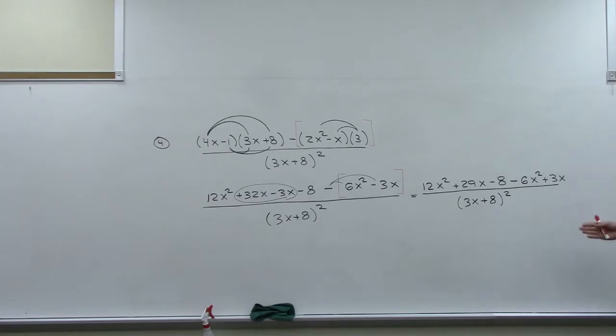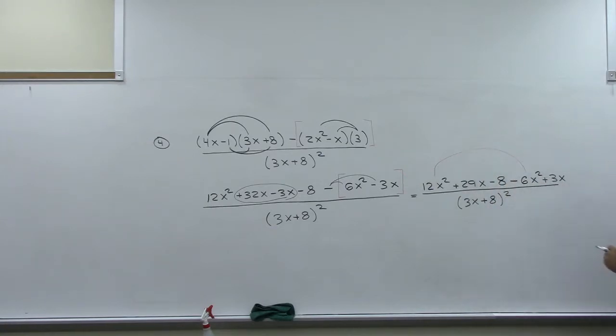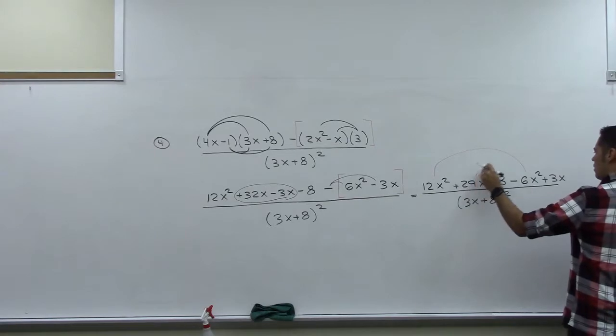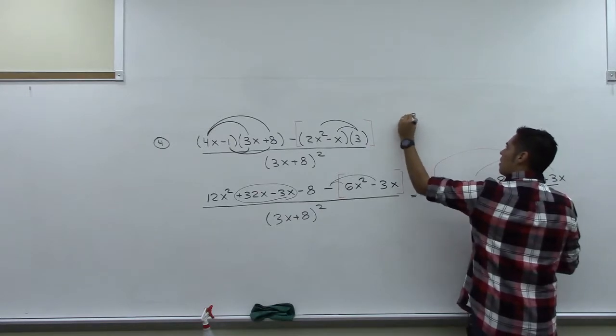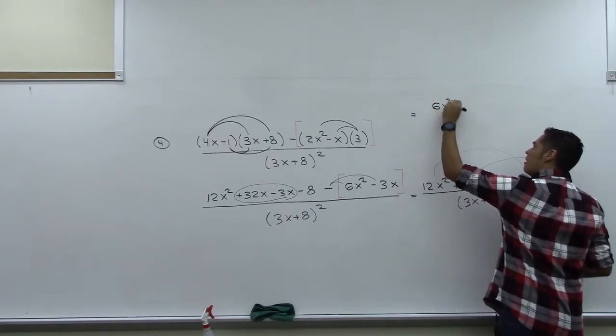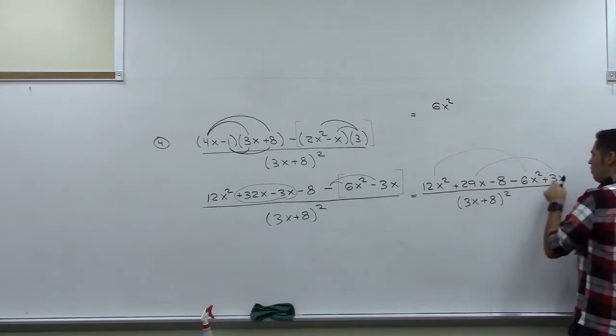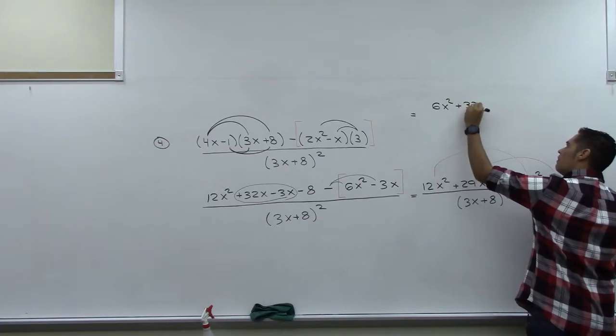And now again, I go through and I see if I can't collect any like terms together. And I notice that I have 12x squared, I can take away 6x squared. And then I have 29 x's, and I can add 3 more x's to that. So I can collect those like terms. Let me just put that result up here. So 12x squared, take away 6x squared is 6x squared. And then 29x plus 3x is going to be 32x.